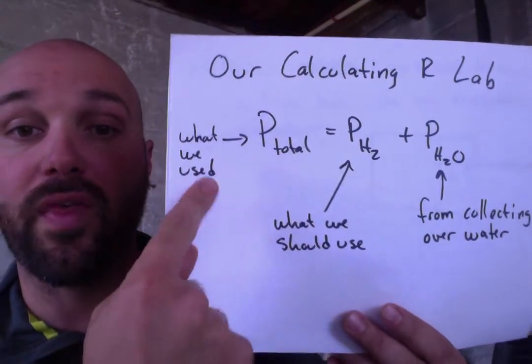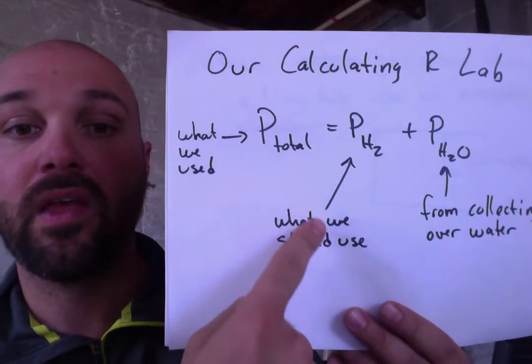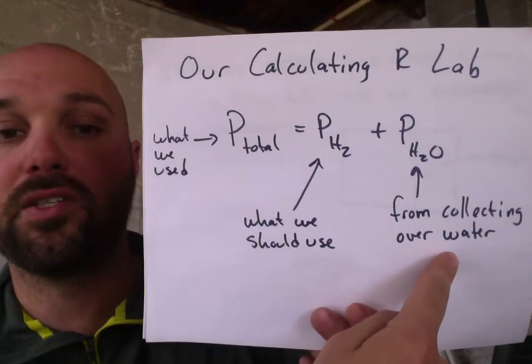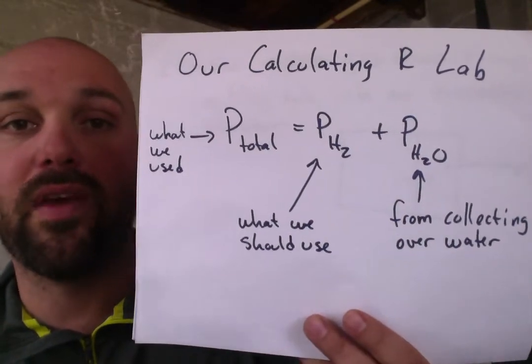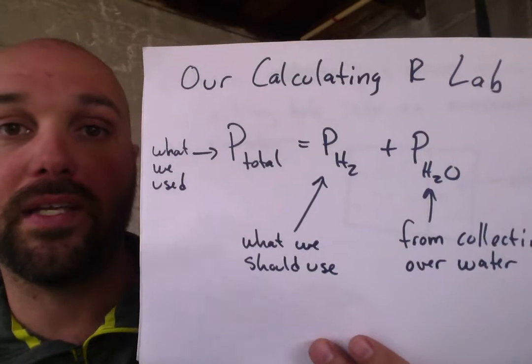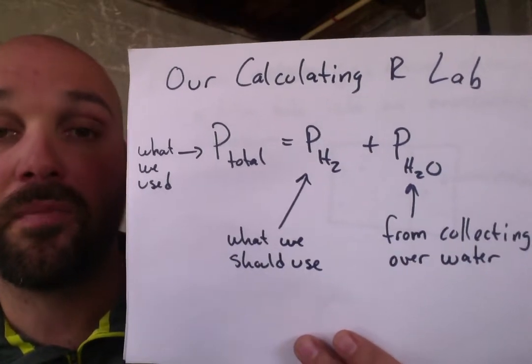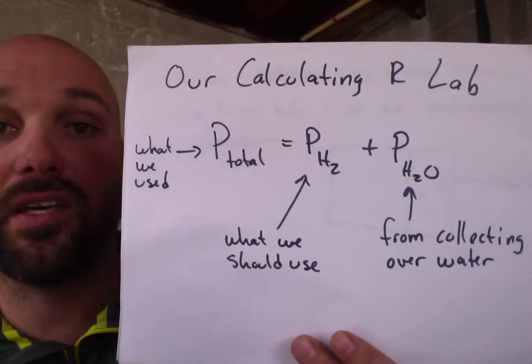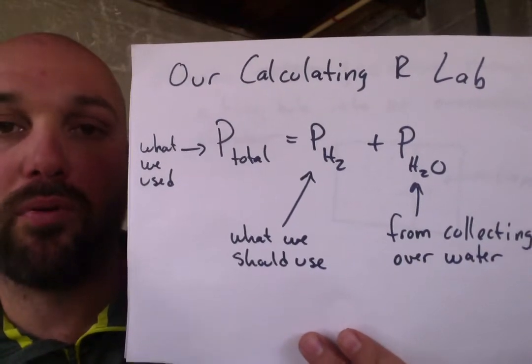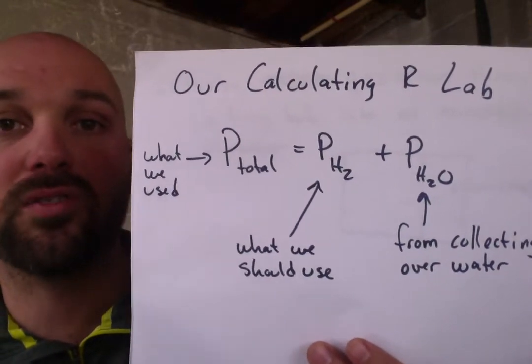So the total pressure, that's what we use to calculate R. That was equal to the pressure caused by hydrogen and the pressure from water. Because water has a vapor pressure just like every other liquid, and some of the water evaporated inside the eudiometer. And we're going to actually calculate R again, but minusing the water vapor pressure, and we're going to see if we get closer to R.